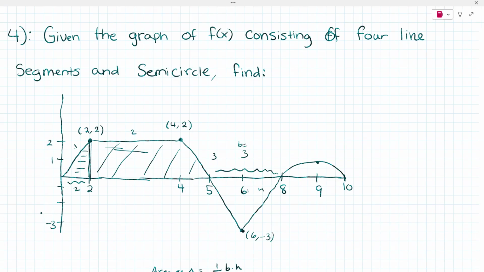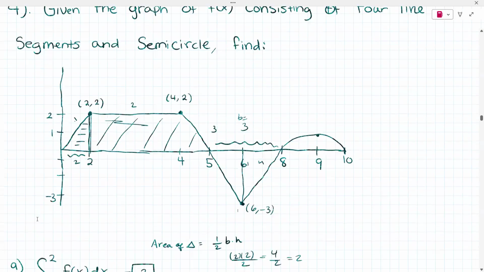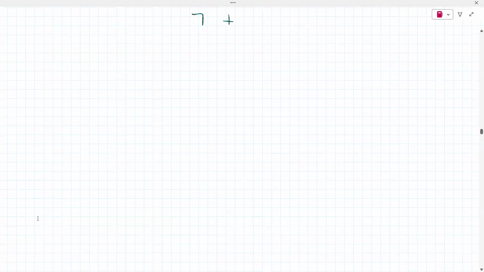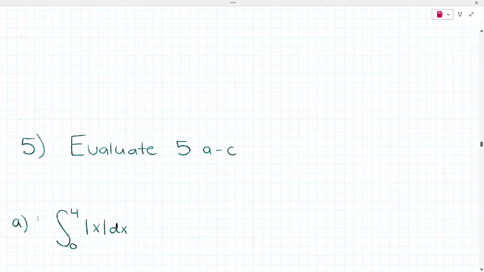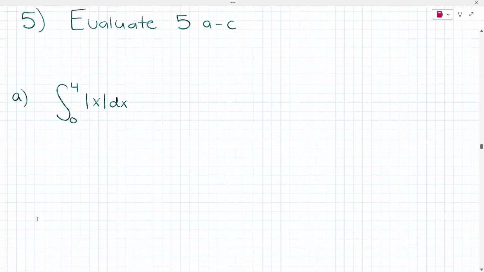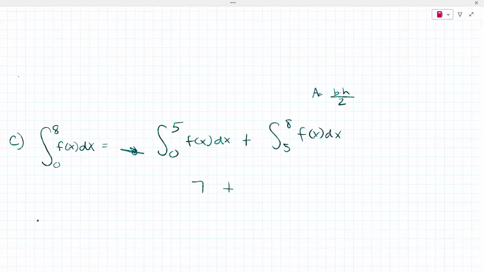And then the height is not positive 3, but negative 3 because we're going downwards, right? This point here is 6 comma negative 3, so the height has to be negative 3. So the base is 3, the height is negative 3, all over 2, and that would be negative 9 over 2.